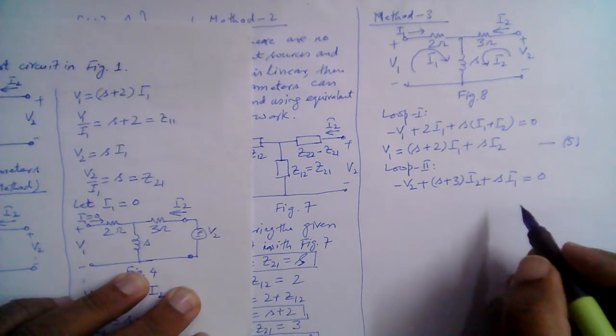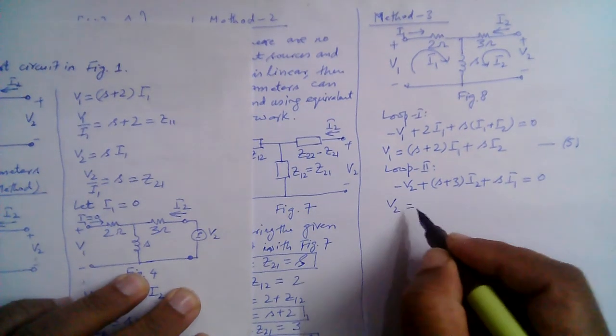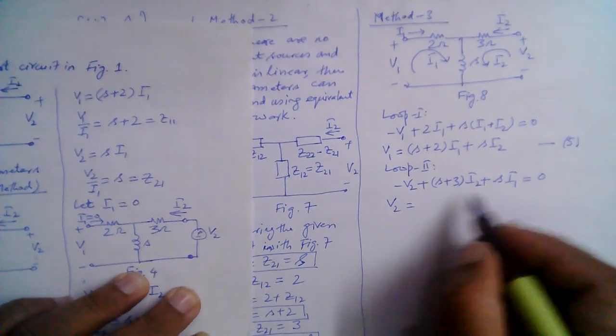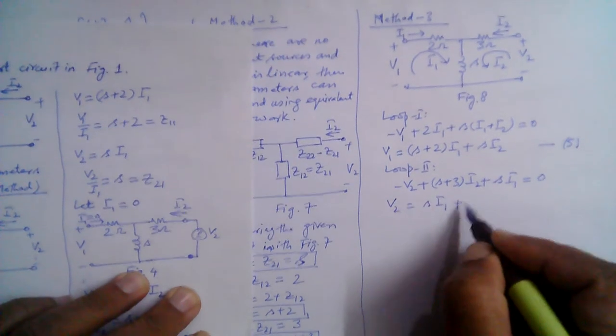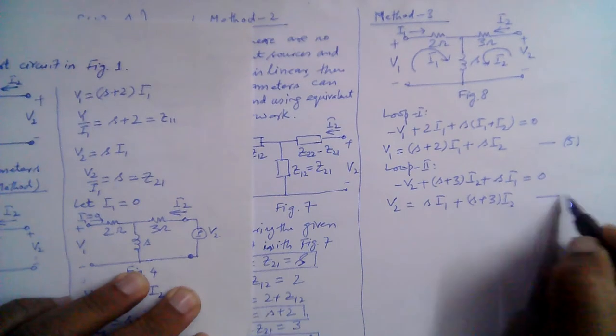So we can rearrange it. V2 is equal to S I1 plus S plus 3 I2. I wrote it by inspection.